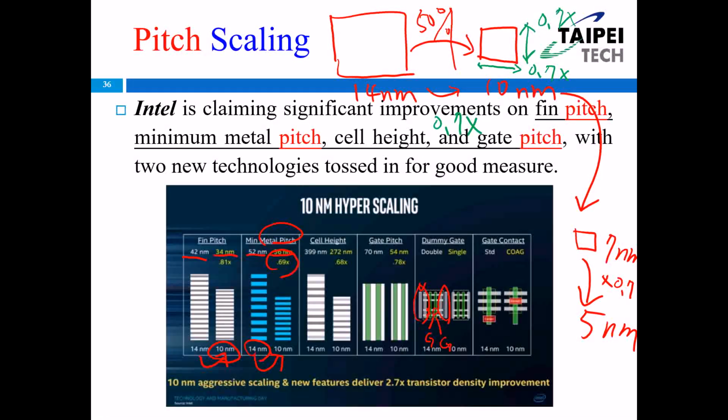But we still need to fabricate the gate in order to protect the inner transistor region. Okay, for protection, to protect the inner transistor.